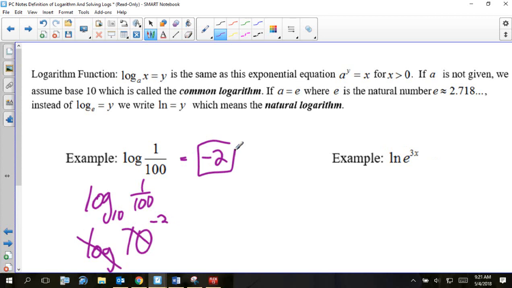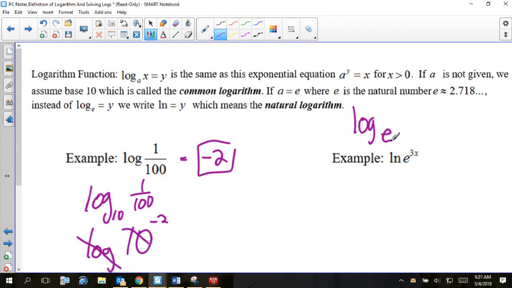There's another very commonly used logarithm that they have to make look different. I don't know why, but log base e is never written as log base e. It's written as ln, which stands for the natural log, which is the log of base e.